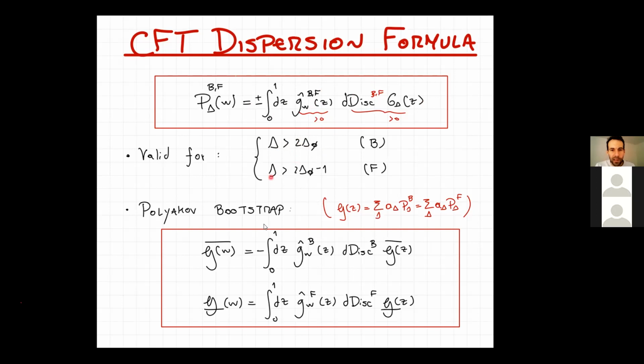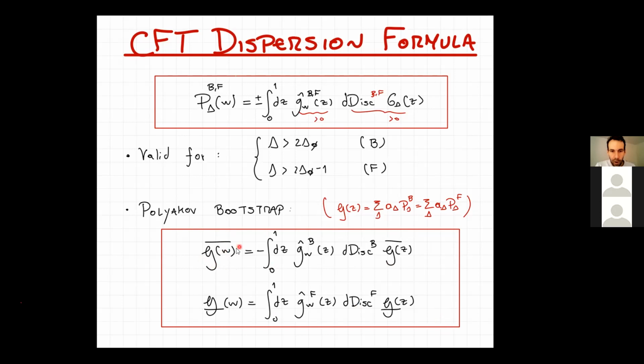Now you get something very nice. This is the Polyakov block. But the Polyakov bootstrap tells us that the full correlator is just the sum of Polyakov blocks. So let's just use this formula for each of them and commute the sum with the integral, which you are allowed to do. Then we find a dispersion relation for the CFT correlator.